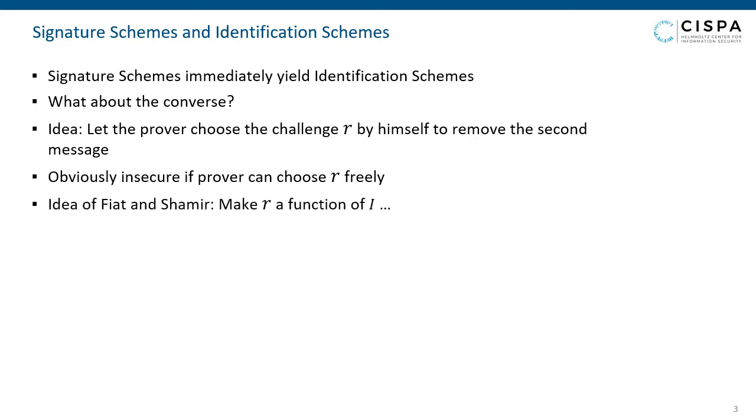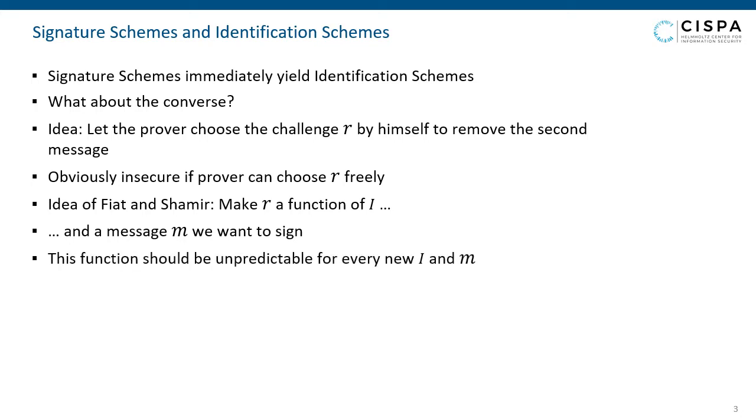So the idea of Fiat and Shamir was to make this challenge R a function of the first message I and a message M that we want to sign. Obviously this function should be unpredictable for every new I and M for which we haven't computed it yet.